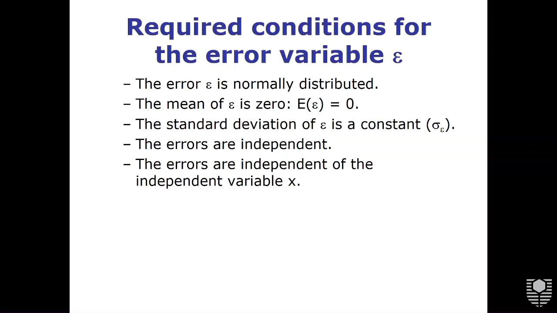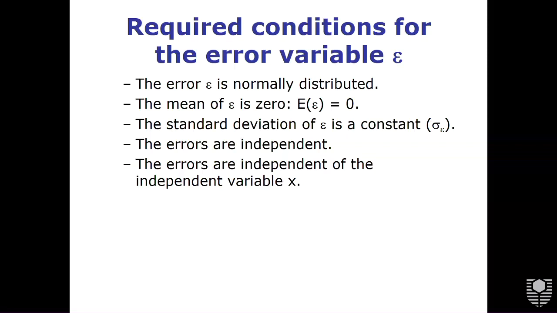If you remember, the mean of the residuals or error has to be 0 or close to 0. The standard deviation of epsilon is consistent with the standard deviation of errors, so it has to be the same for all variables.